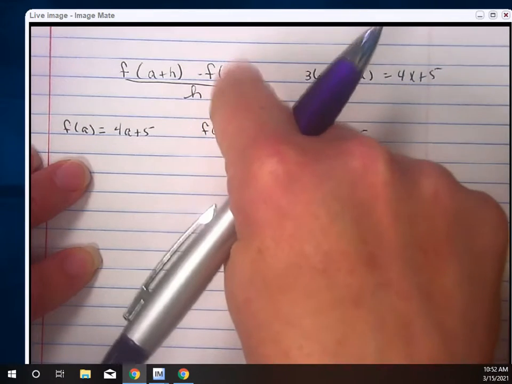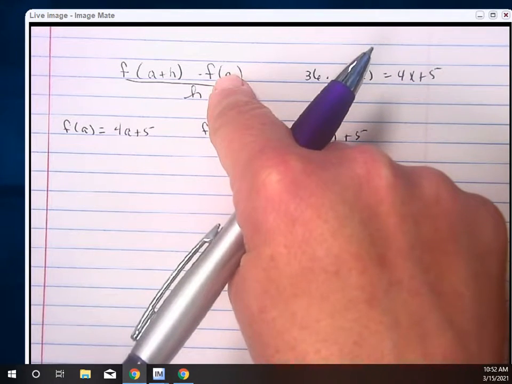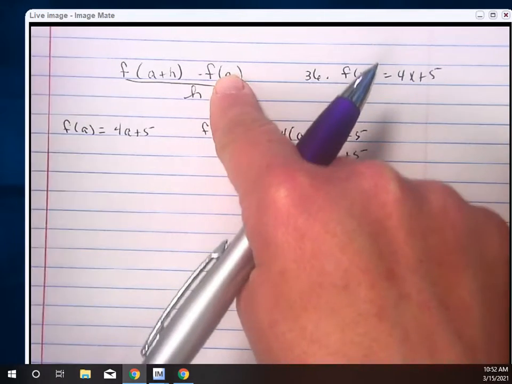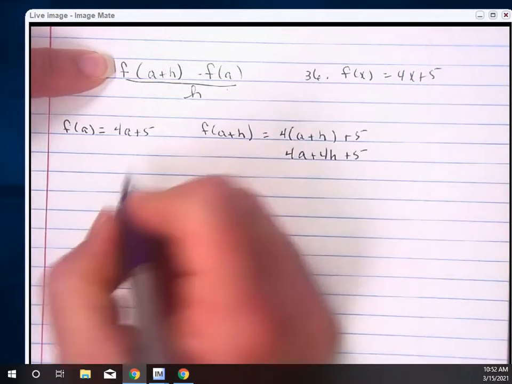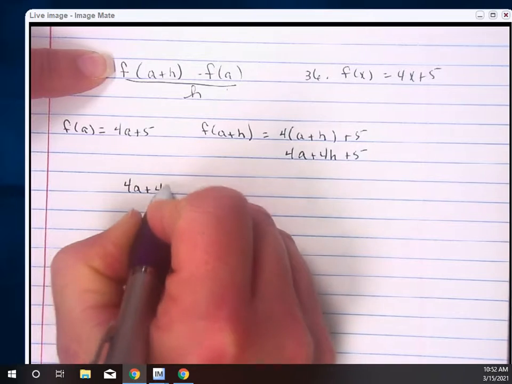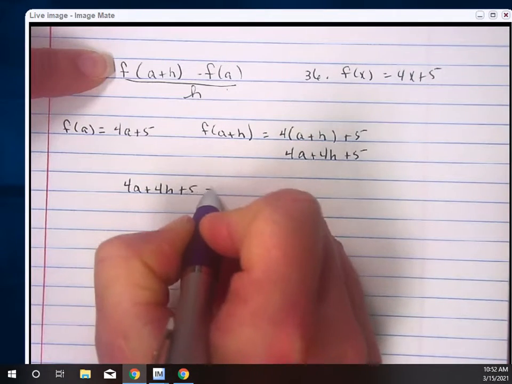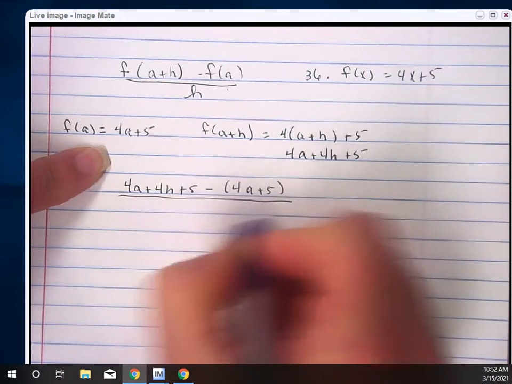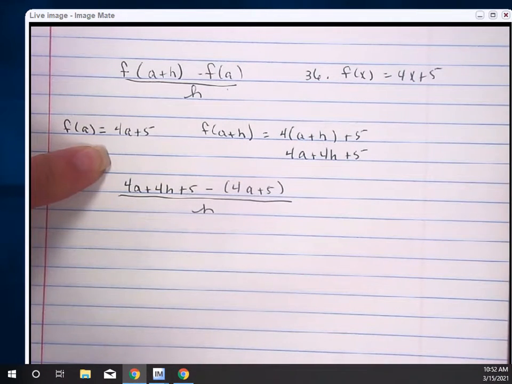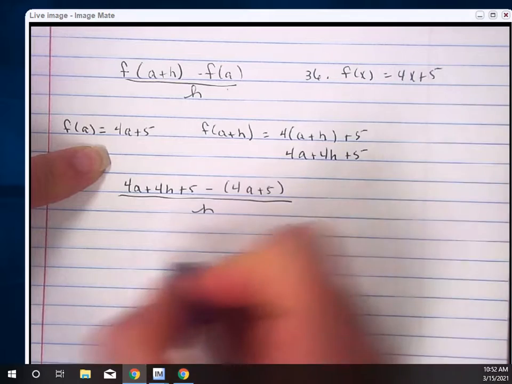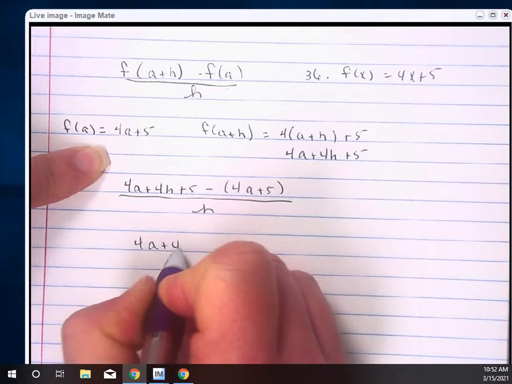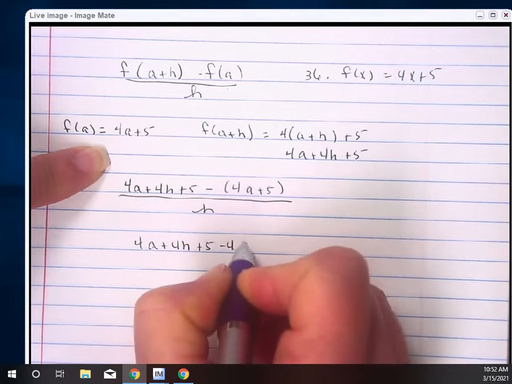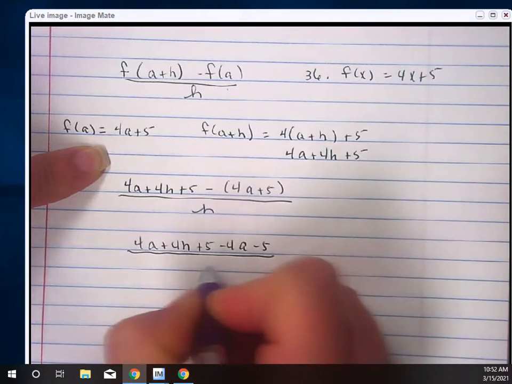Now put it into your equation. So f of a plus h is 4a plus 4h plus 5 minus the 4a plus 5 over h. Then distribute. 4a plus 4h plus 5 minus 4a minus 5 over h.